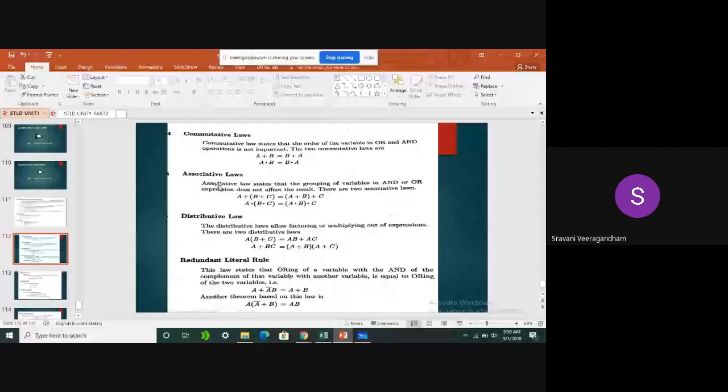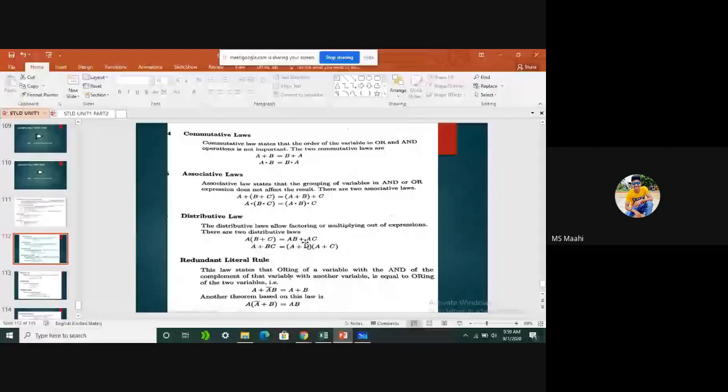Yes, sir. And the distributive law is nothing but simply we can directly multiply here. A AND (B OR C) is again A AND B OR A AND C. Clear?